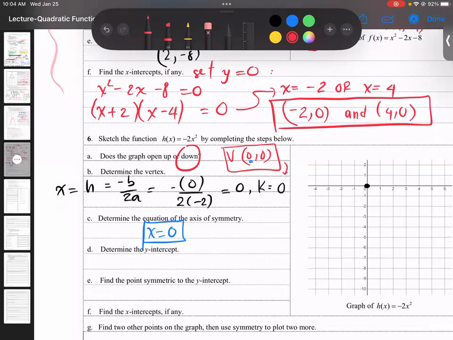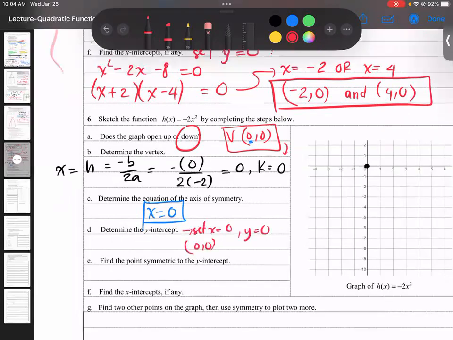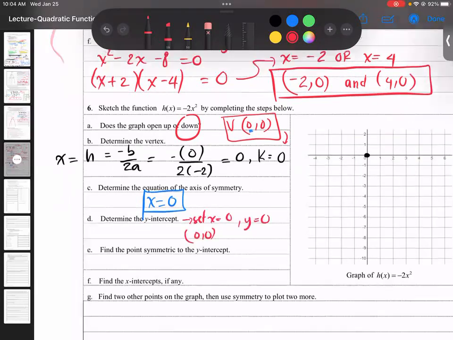When x is 0, y is 0, so 0, 0. The symmetric point of the y-intercept is also on the axis of symmetry, so it's the point itself. So it's 0, 0.